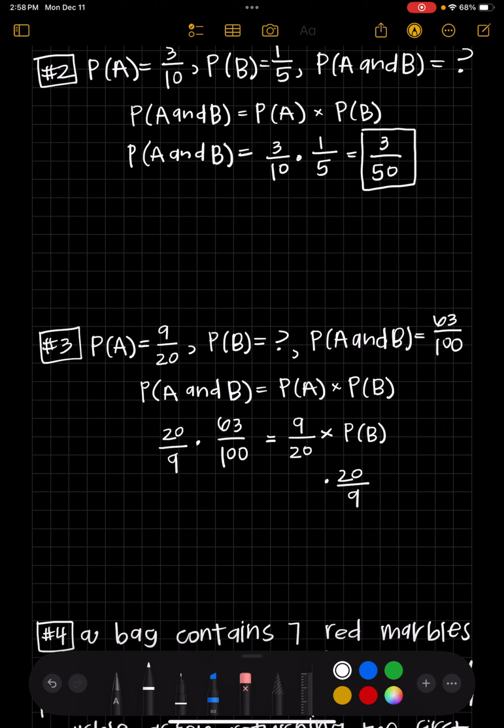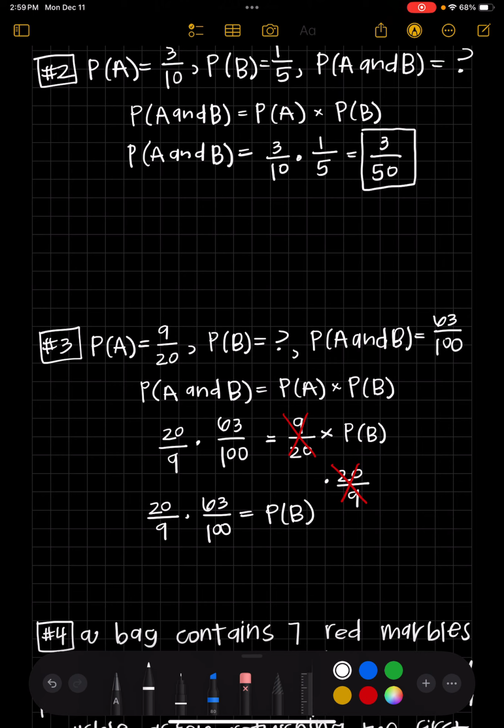What happens is the 9 over 20 and 20 over 9 cancel each other out on the left-hand side. And then what we would be left with is that 20 over 9 times 63 over 100 is equal to the probability of B. So now all I have to do is multiply 20 over 9 and 63 over 100 to figure out what the probability of B is.